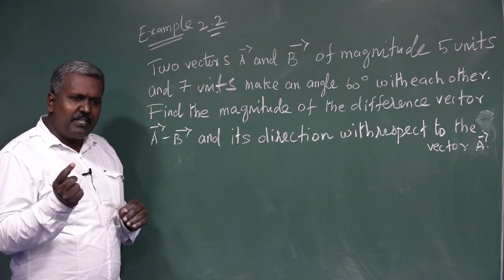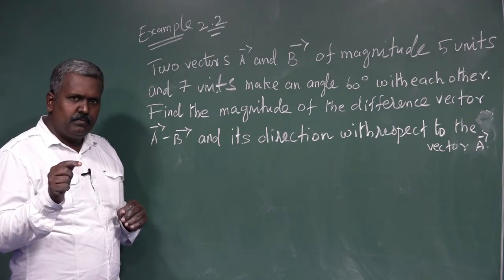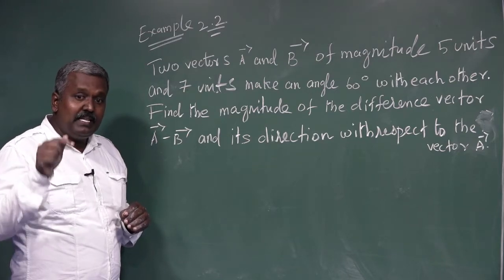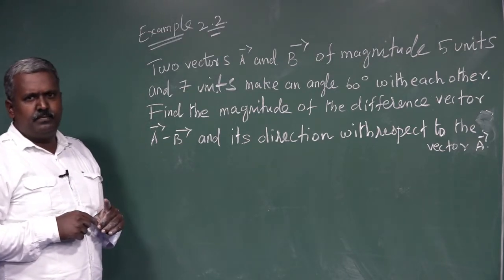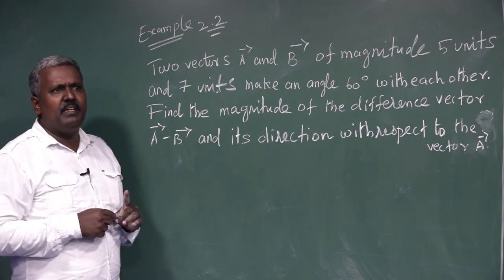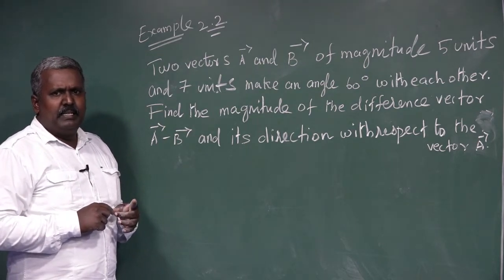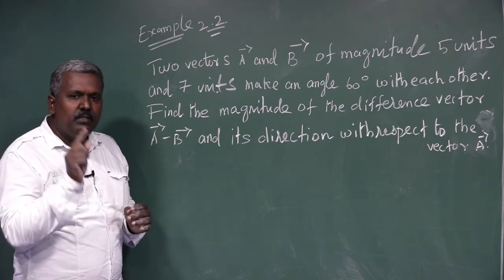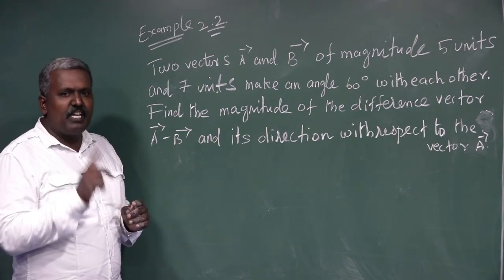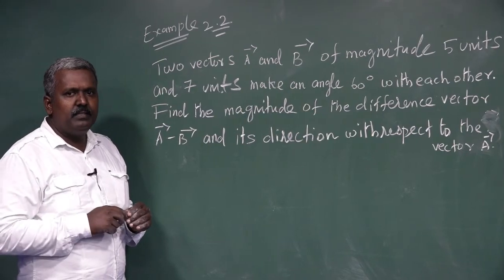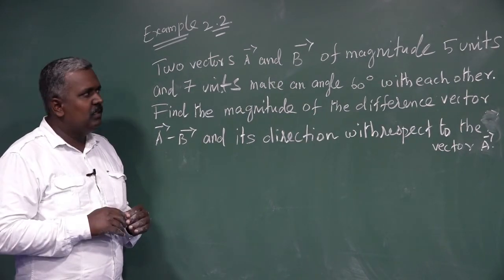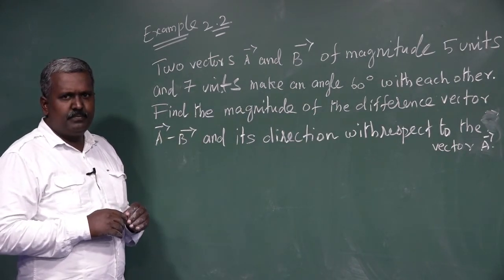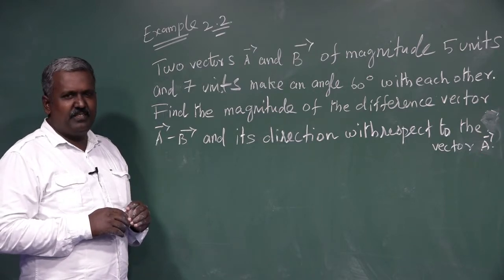After extracting the data, you must write it in symbols, like A, B. And you must find out the formulas. Then you can solve any problem without any mistake. Clear?